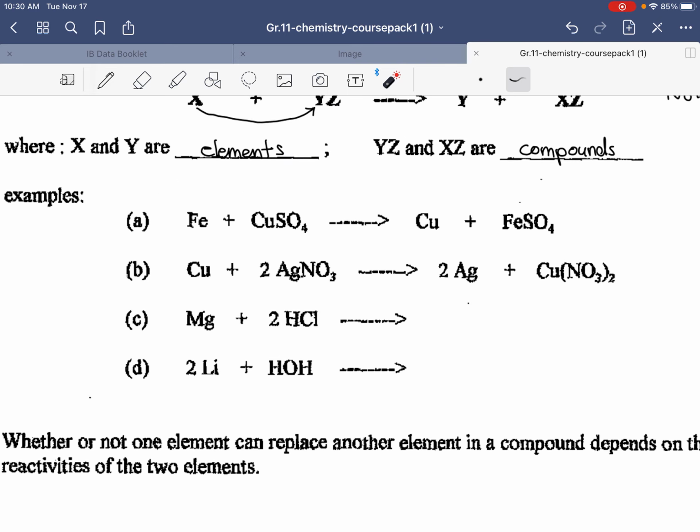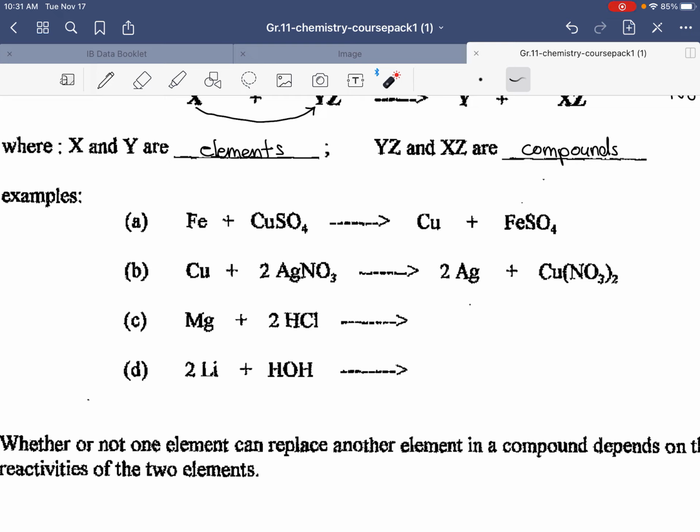The first two, okay, we did for you, where you are seeing iron displacing copper to be with sulfate. Just giving you iron sulfate. Sad part is, by displacing the poor copper here, copper is now all alone, all by himself. But of course, he doesn't mind that, obviously.